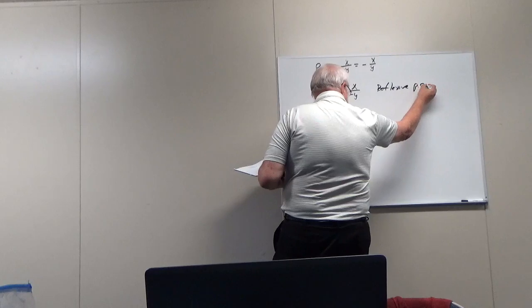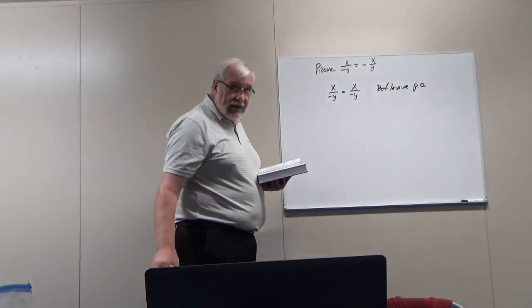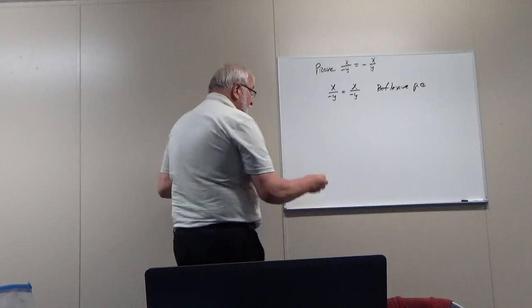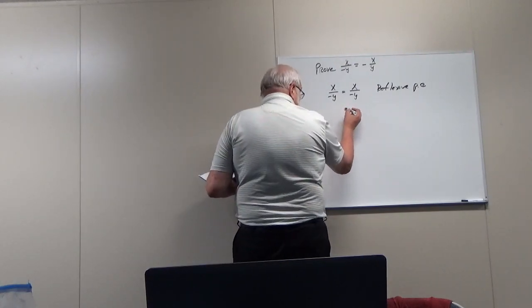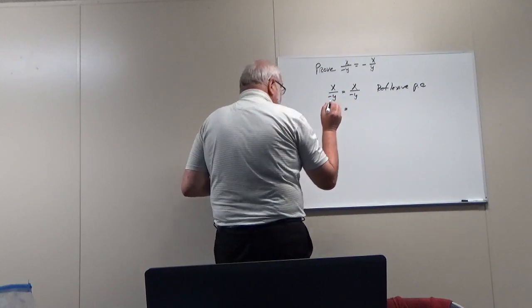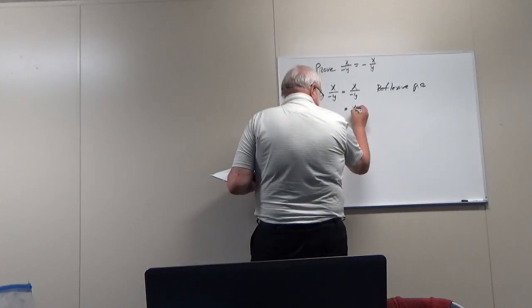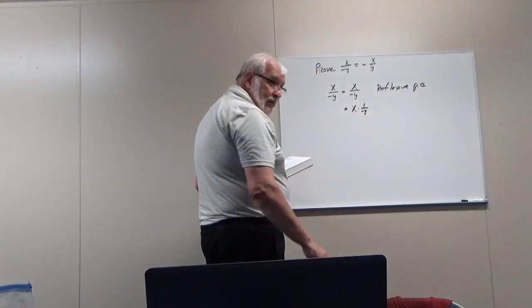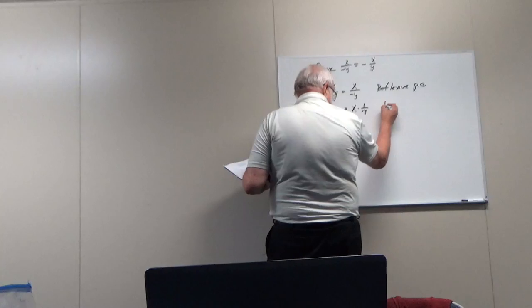Reflexive property of equality. It's reflexive because it's the same thing, so it's always equal. Then the definition of division says this is x times 1 over negative y. That's the definition of division.